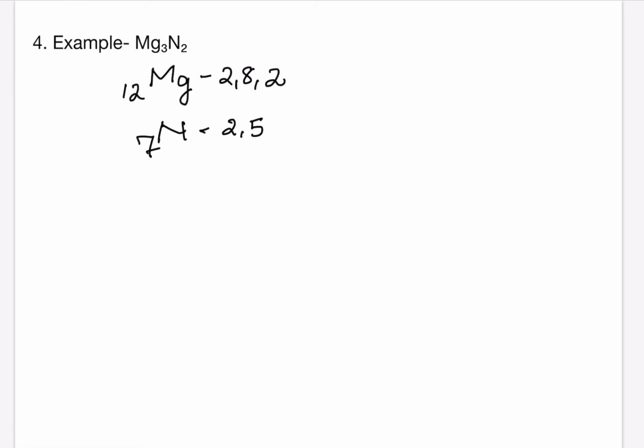Now how many magnesiums are there? 3 magnesium. So Mg, we have to write down 3 magnesium, and we are again only concerned about the electrons in the outermost shell. So how many electrons does each have? 2. So 1, 2, 1, 2 and 1 and 2.